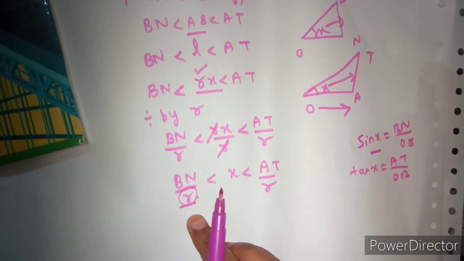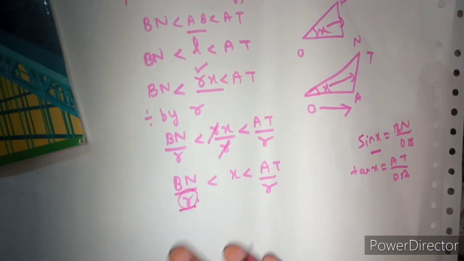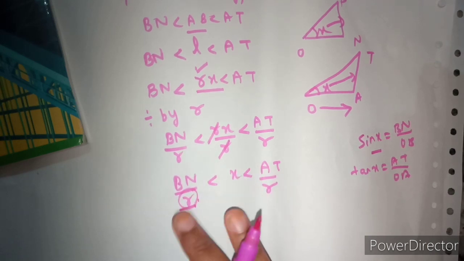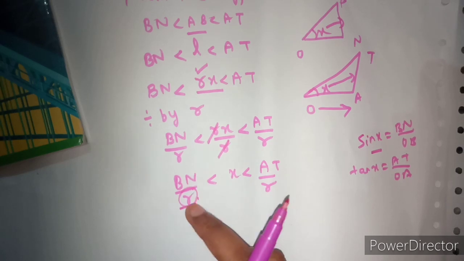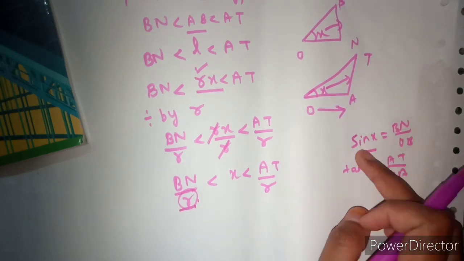If I take R as OA, according to the figure we don't have any information regarding BN by OA. But if I take R equal to OB, we have BN by OB as sin x.